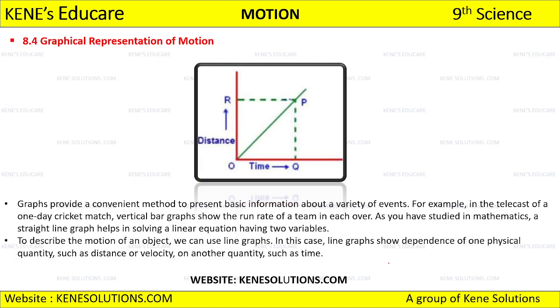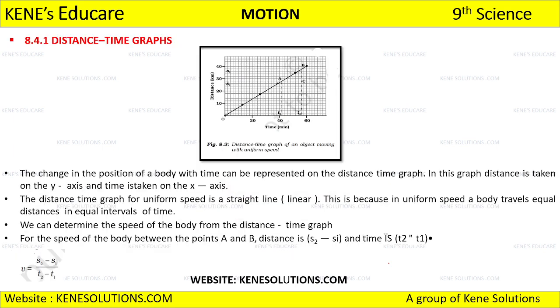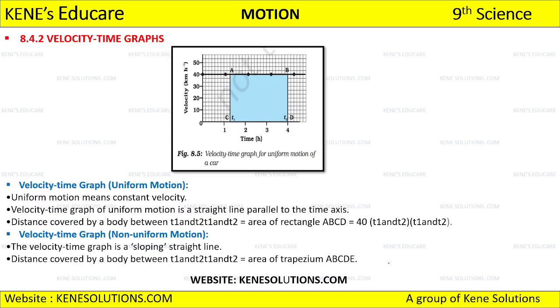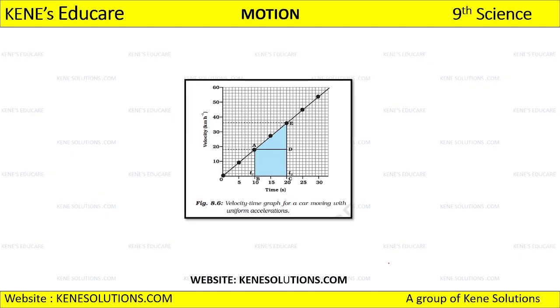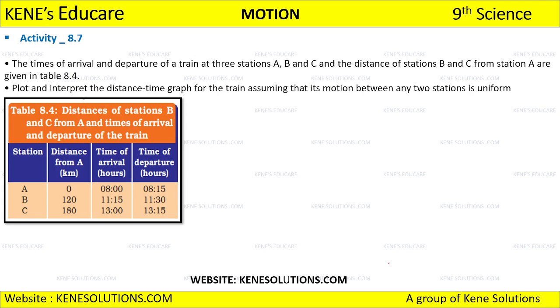Then after that we have graphical representation of motion, how to calculate it. Then we have the distance time graph and the velocity time graph. These are very important, you should know the distance time graph and velocity time graph. And then we'll discuss activity 8.7 in detail.